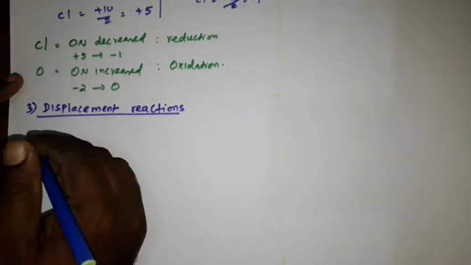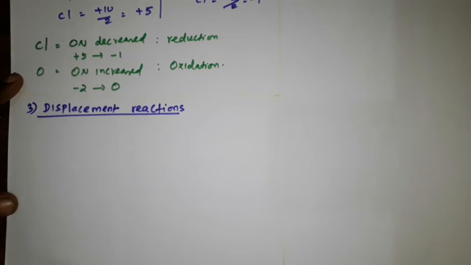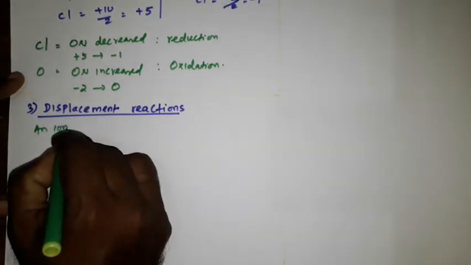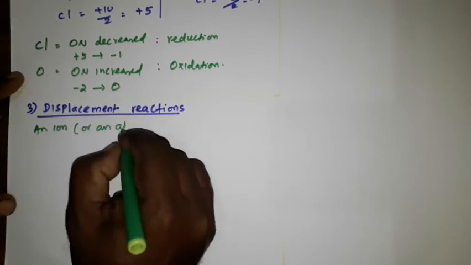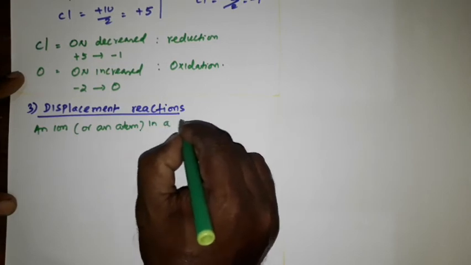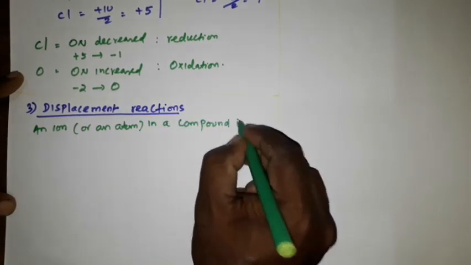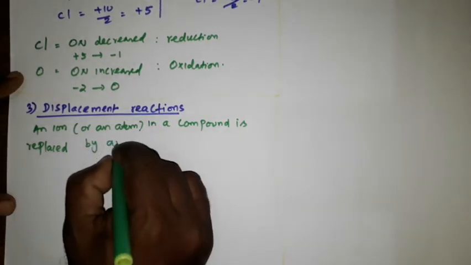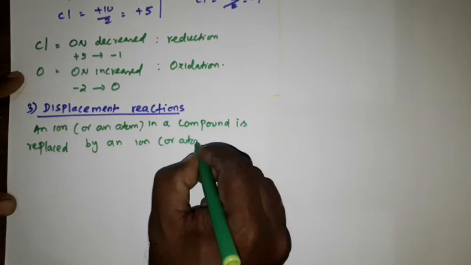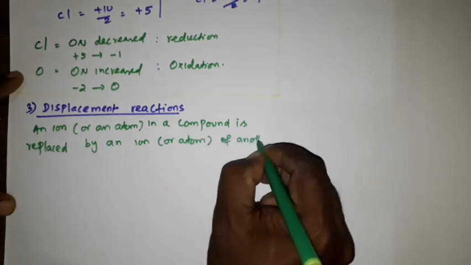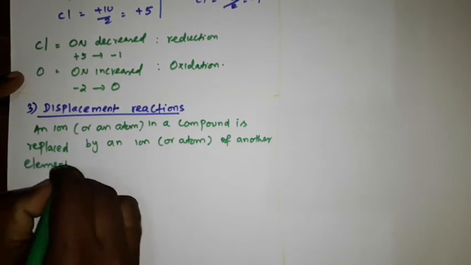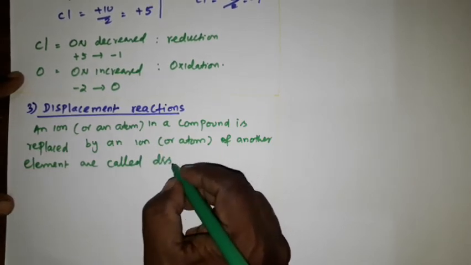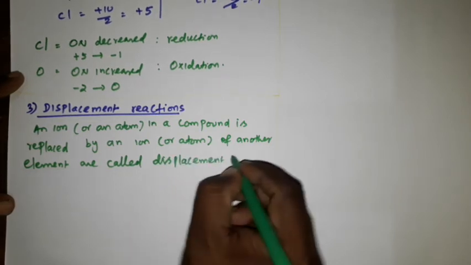So redox reactions in which an ion or atom in a compound is replaced by an ion or atom of another element are called displacement redox reactions.